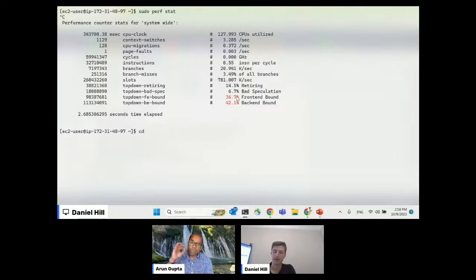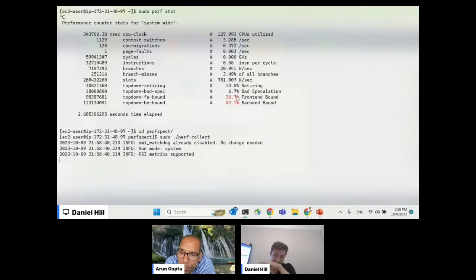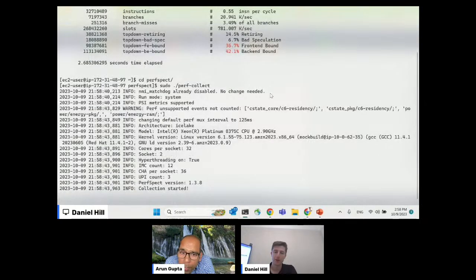Beautiful. And this is everything that we just talked about: front-end bound, back-end bound, instructions per cycle, retiring. Fantastic. And then here I already downloaded PerfSpect, and it'll just figure out what PMUs are supported.